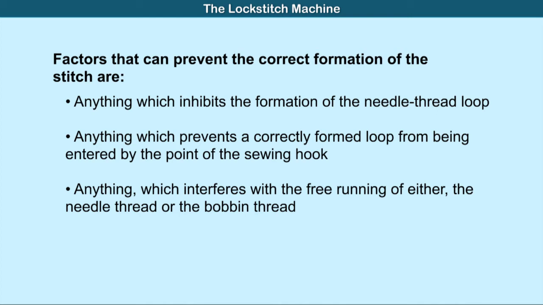Namely, they can be anything which inhibits the formation of the needle thread loop, or anything which prevents a correctly formed loop from being entered by the point of the sewing hook, or anything which interferes with the free running of either the needle thread or the bobbin thread.